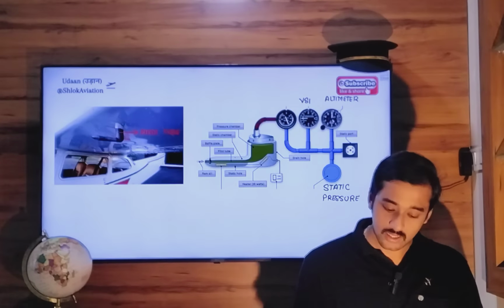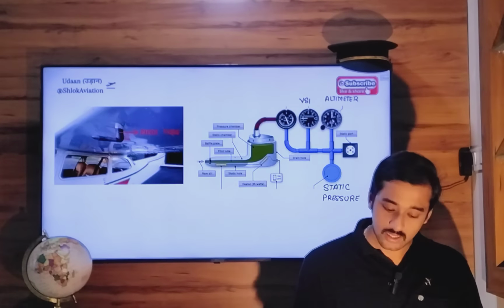Static pressure is fed directly into the instrument, and pitot pressure is fed into the aneroid capsule.